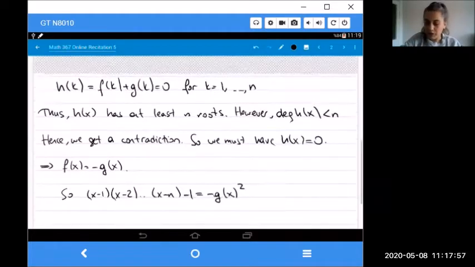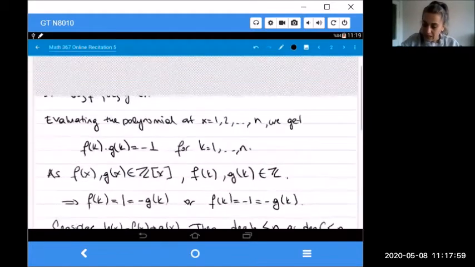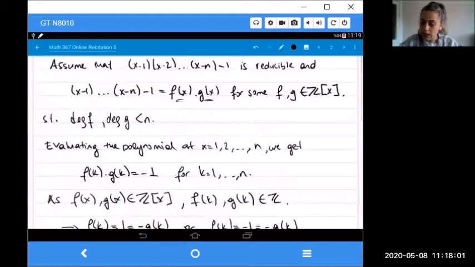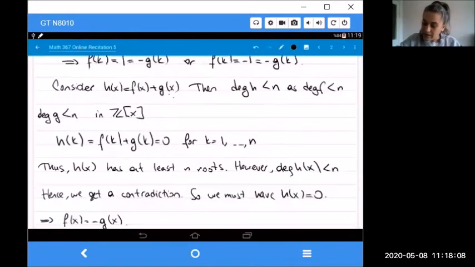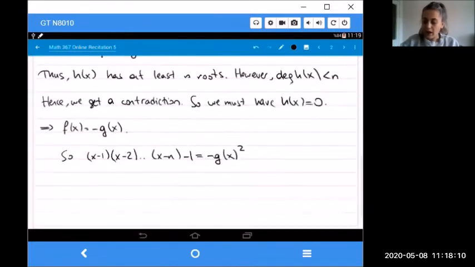If you remember, it was equal to f of x times g of x, and we found that f of x is equal to minus g of x, so we can write our polynomial as minus g of x squared.